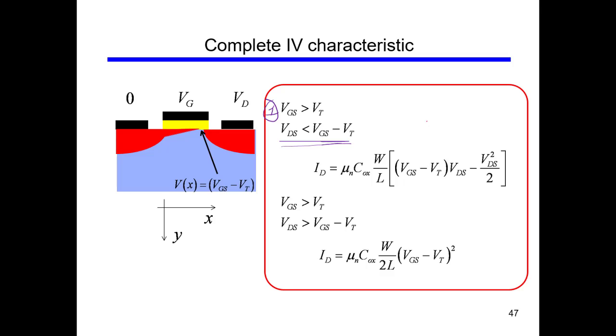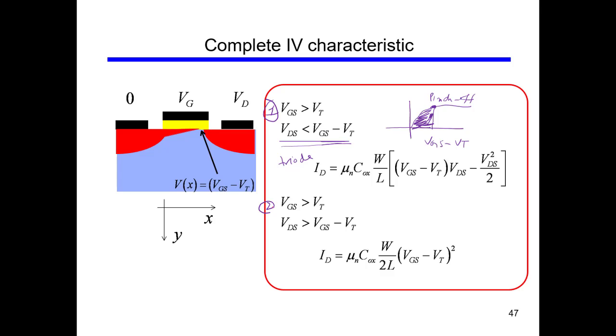If I draw this curve, this is the point where VDS is equal to VGS minus VT. So this is the pinch off point. Remember that at the pinch off point we have this condition. The first case represents this region, which is the triode region. So in the triode region we have this formula.